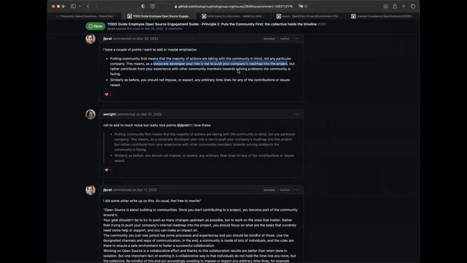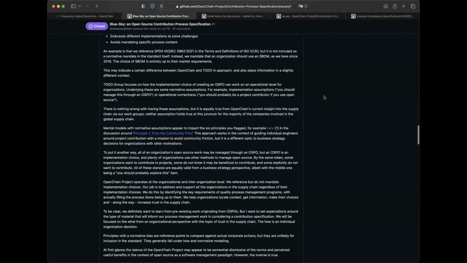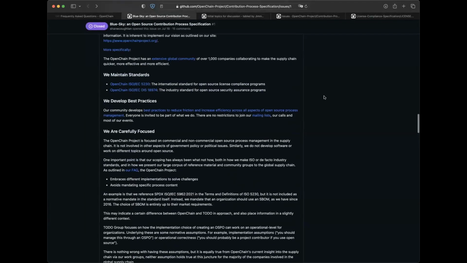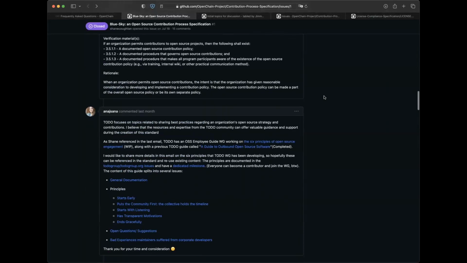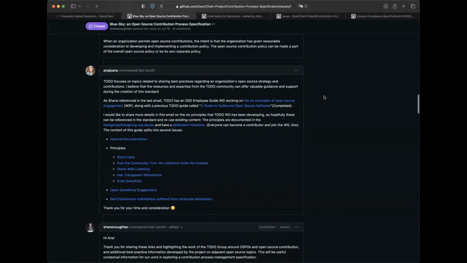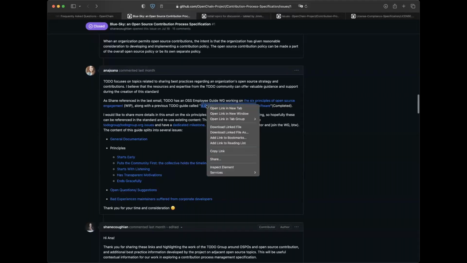Absolutely. And Thomas, I do see your hand up, so I'll be swinging back to you in just a second. I just wanted to flag something first, which is that when we look at that basic information, at those parameters of the type of topics that we normally cover, this is where we can go into pre-existing material, like the TODO Group guide to outbound open source software.